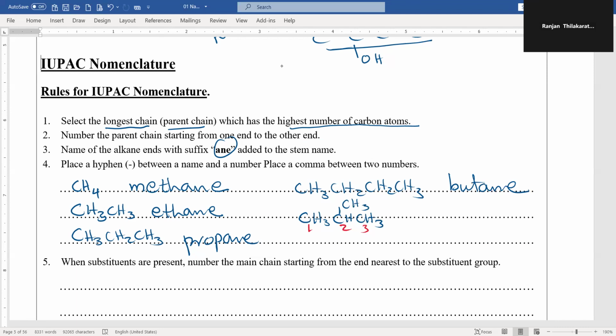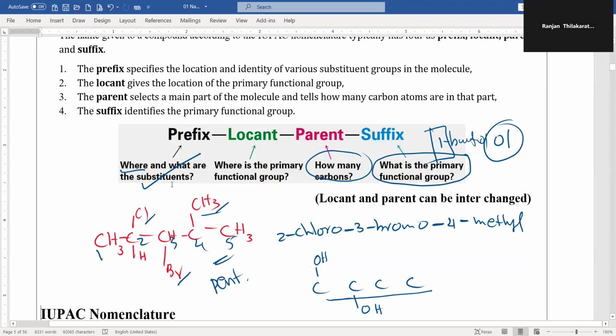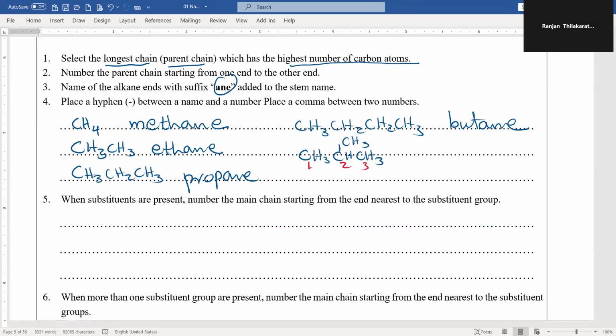Then how can you write down the name? First, you need to identify where and what it is attached. According to this summary, the prefix tells where and what the substituent is. Where is it? On second carbon, 2. And what is the substituent? Methyl.